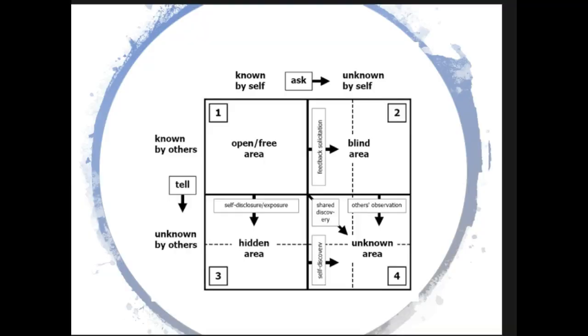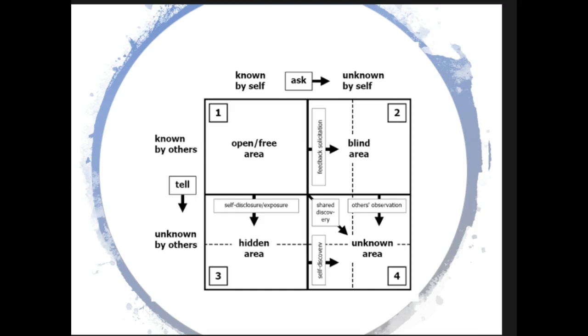I also mentioned this in the last PowerPoint that I did, but looking at groups in terms of the Johari window can tell you quite a bit of information about them. How much information about the groups and individuals within that group is known to others?